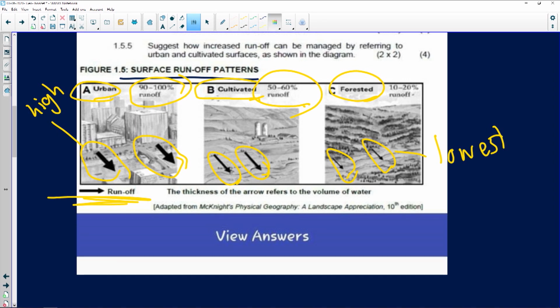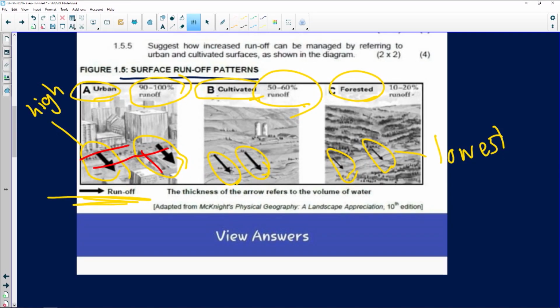It's covered with tar road surfaces, as you can see over here. It's covered with pavement, with concrete. So what do we as humans do? We create impermeable surfaces. It means we create surfaces where the water cannot infiltrate.